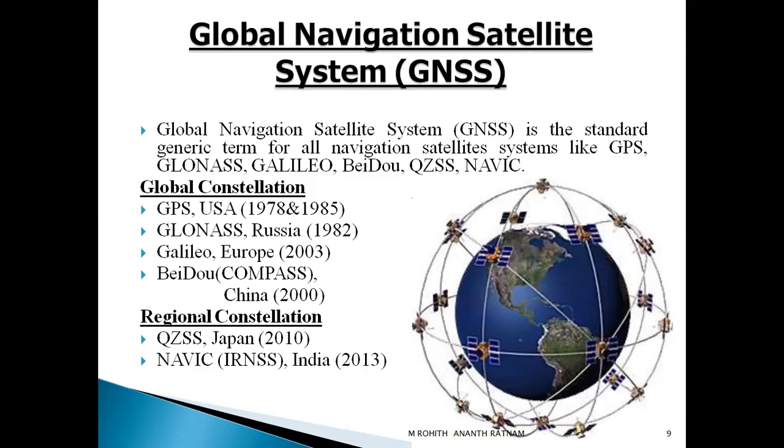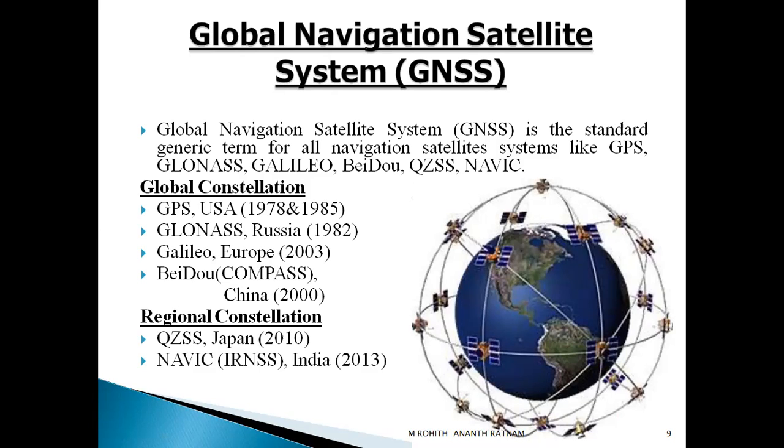All these countries have their individual navigation satellites, trying to provide navigation values over the whole globe, right? We have another two countries which navigate not the total globe but their own region or country. Those are Japan and India. So we stand at fifth to sixth place, having our own navigation satellites.